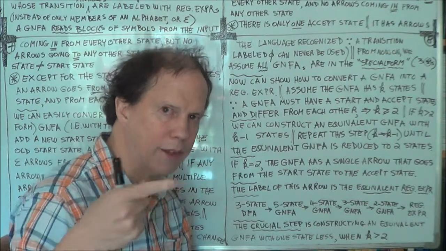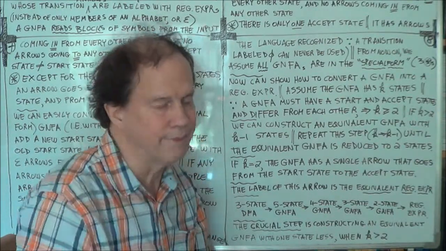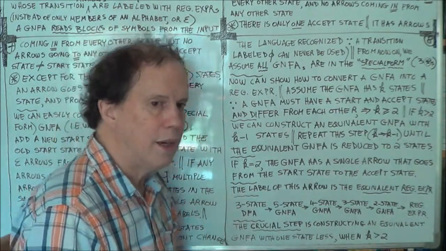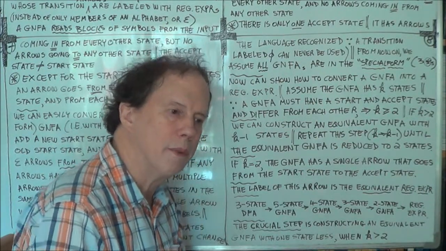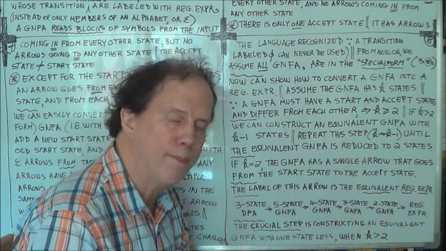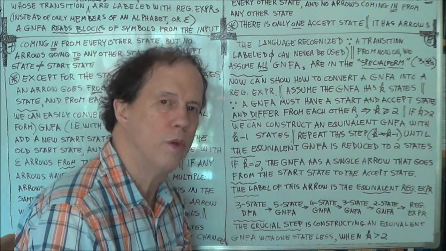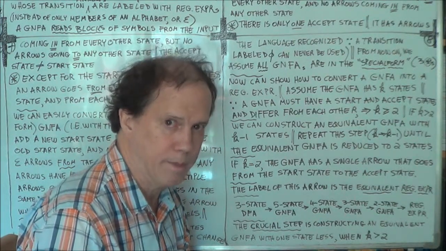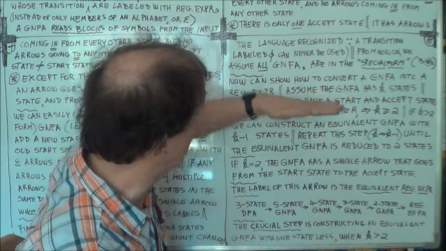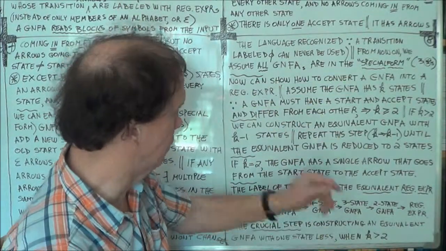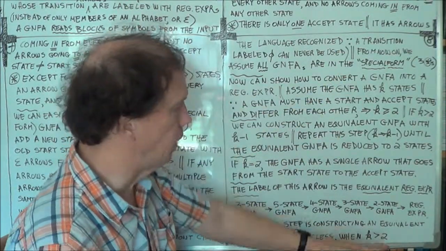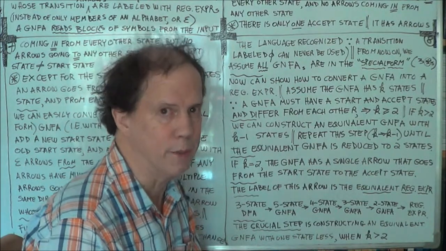So we've done that first step, in theory. And now we talk about the second step, where we go from a GNFA to a regular expression. How to do that? That's what the rest of this square and the board is about.